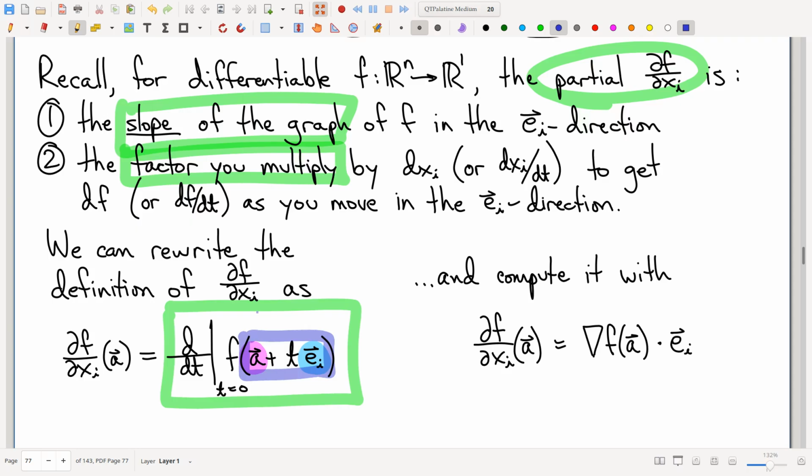That's a pretty natural scenario, that I'm at a certain point and moving with a certain velocity. And keeping in mind, I am at that point because I plug in t equals 0, which makes this expression A. So we're at the point A, literally. And in that scenario, you might want to know what's the rate of change of the function with respect to time.